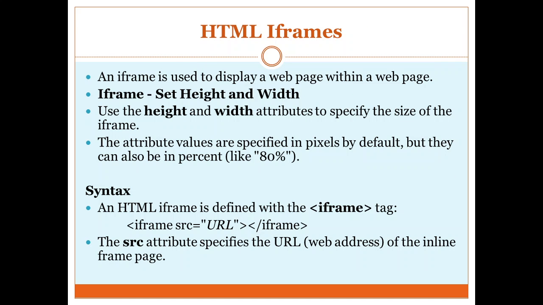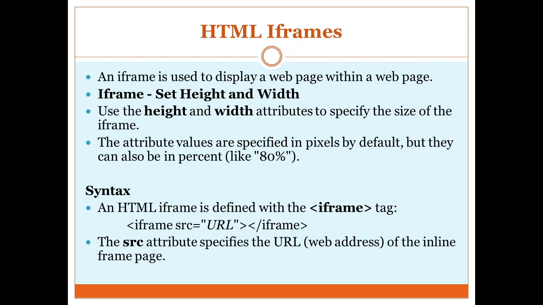Now we are going with HTML iframes. An iframe is used to display a web page within a web page. For example, this is nothing but the advertisement links posted in a web page. The iframe is used to set the height and width of that other web page too.